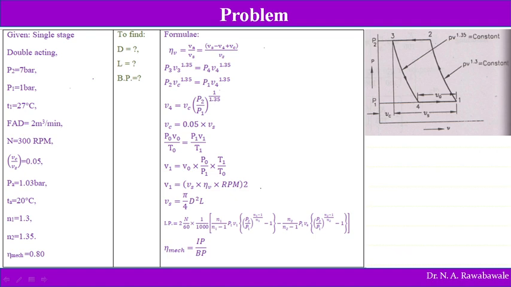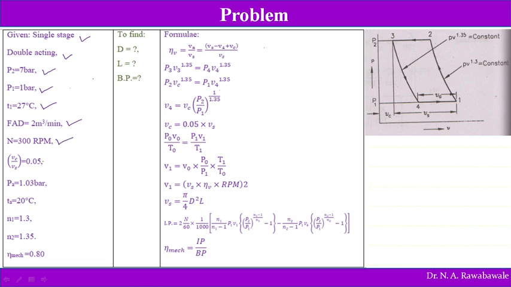The problem says single stage, so it is a single stage double acting compressor delivering air at 7 bar pressure. The inlet air pressure is 1 bar, the inlet air temperature is 27 degrees Celsius, and free air delivered by the compressor is 2 meter cube per minute. The speed of the compressor is 300 rpm.